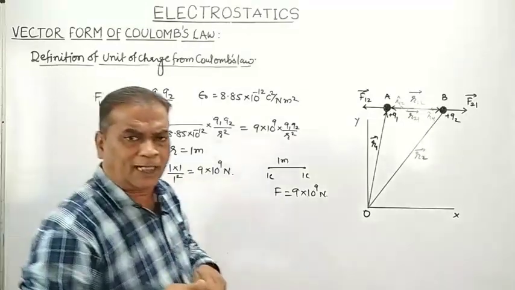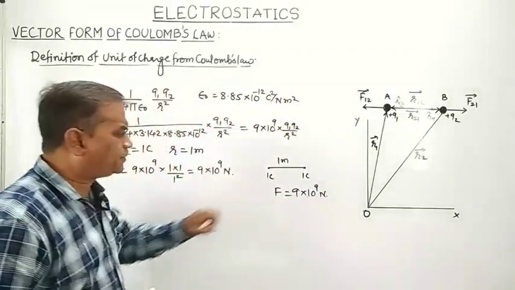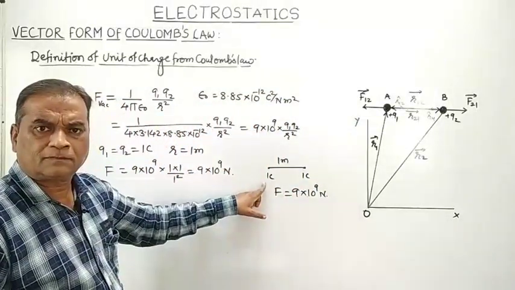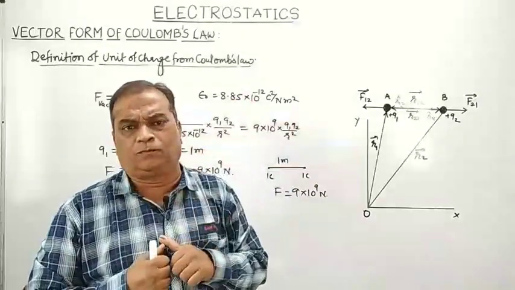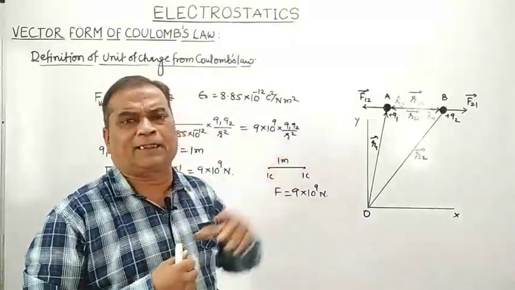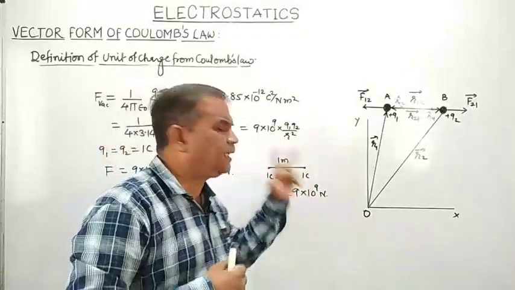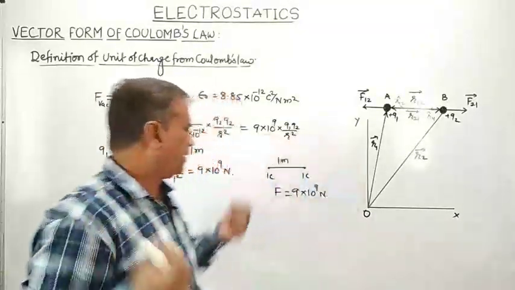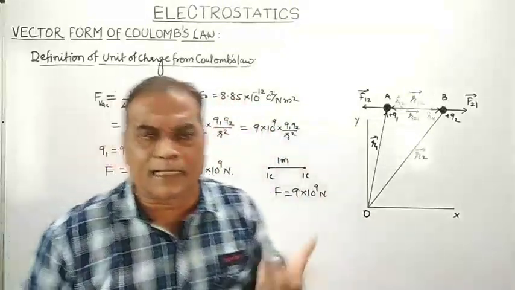What is 1 coulomb charge? 1 coulomb charge is that amount of charge which when placed in a vacuum at a distance of 1 meter away from another charge of same magnitude will experience a force of 9 into 10 to the power 9 Newton.